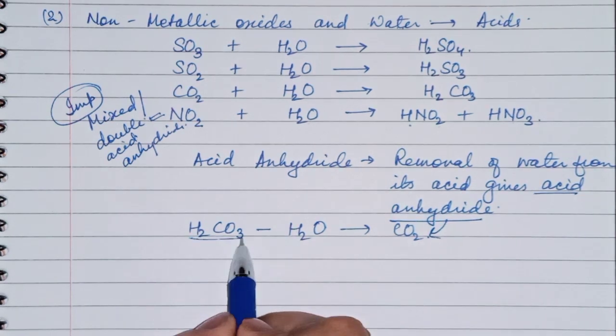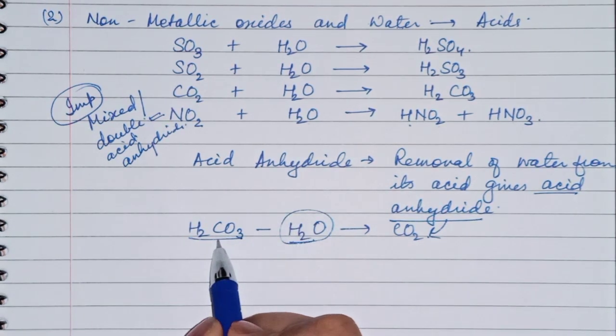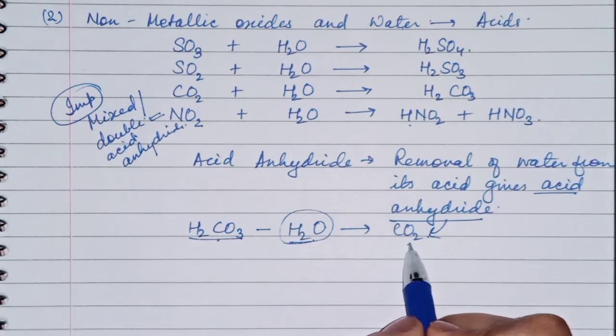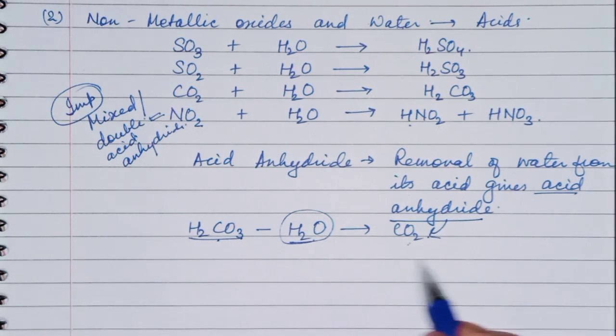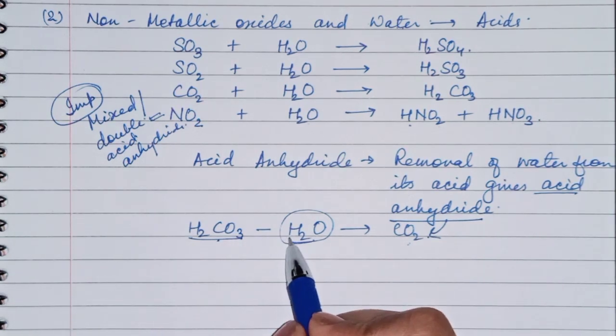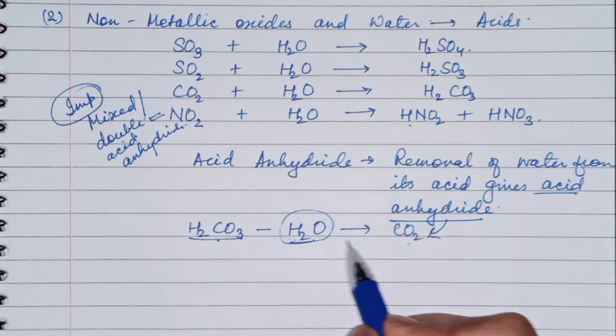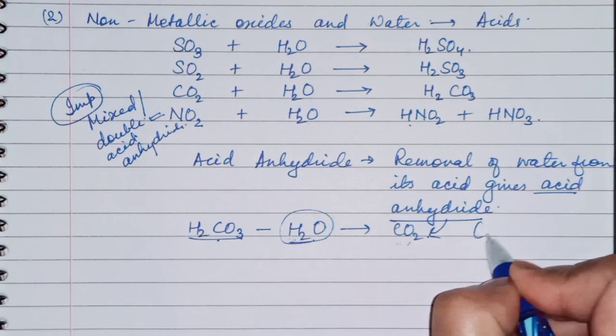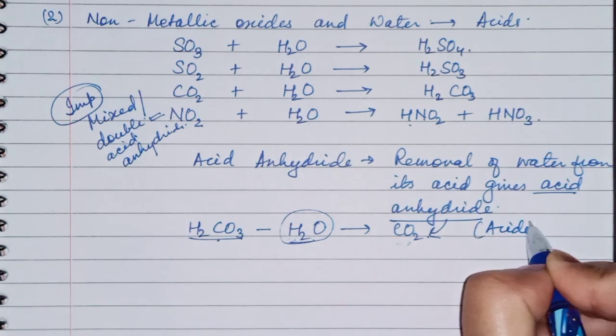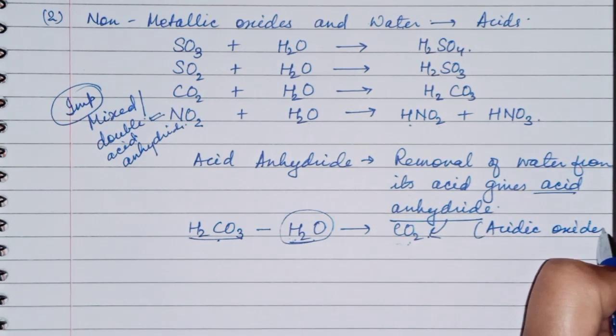In the exam, some question comes like that: find the acid anhydride of the given acids. What you have to do? You have to remove water from it, and then you will get the acid anhydride or acidic oxide. It is also called acidic oxides.